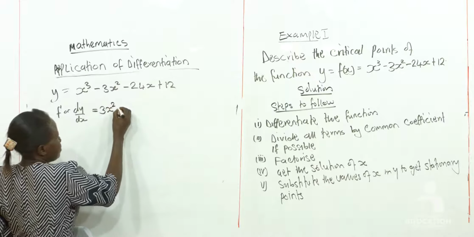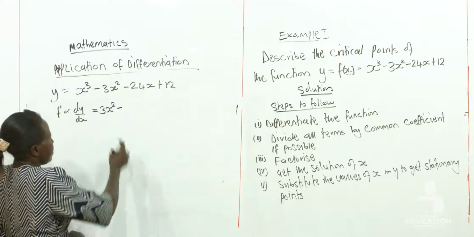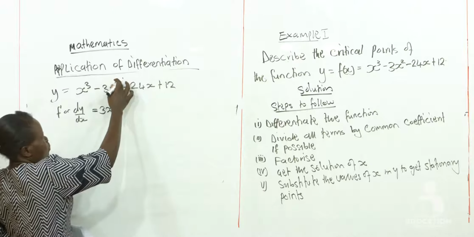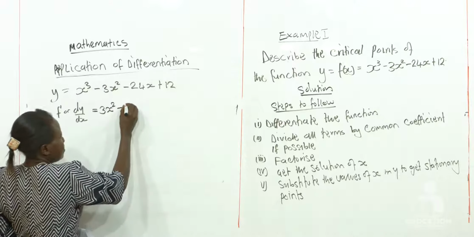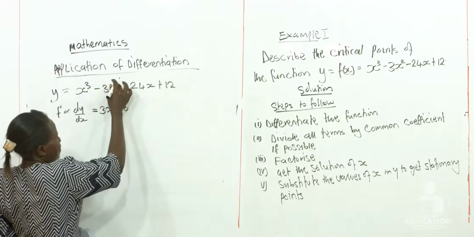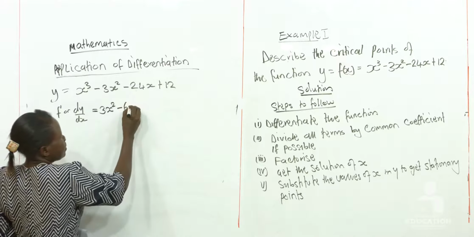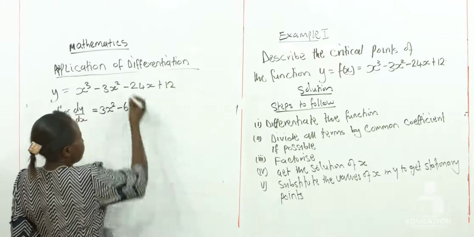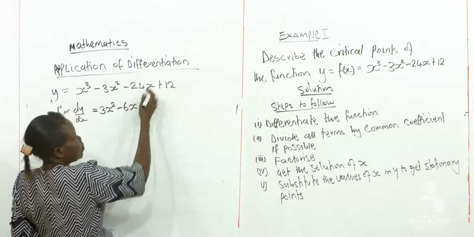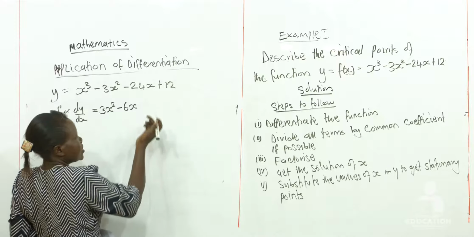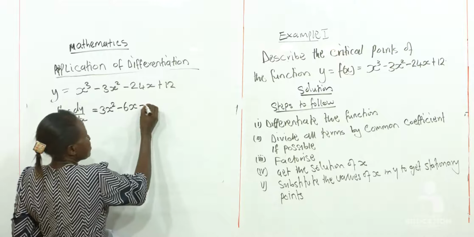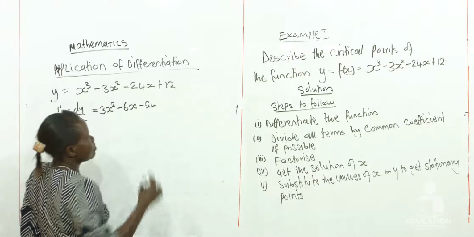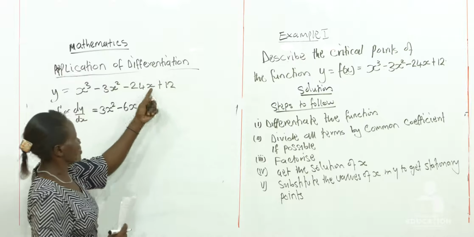And then minus, the coefficient is 3 and the power is 2. So 2 times negative 3 gives us negative 6, and reducing 1 from 2 gives 1, so it will be negative 6x. And then the power of x is 1 times the coefficient negative 24, which gives negative 24, and the power becomes 1 minus 1, which is 0.